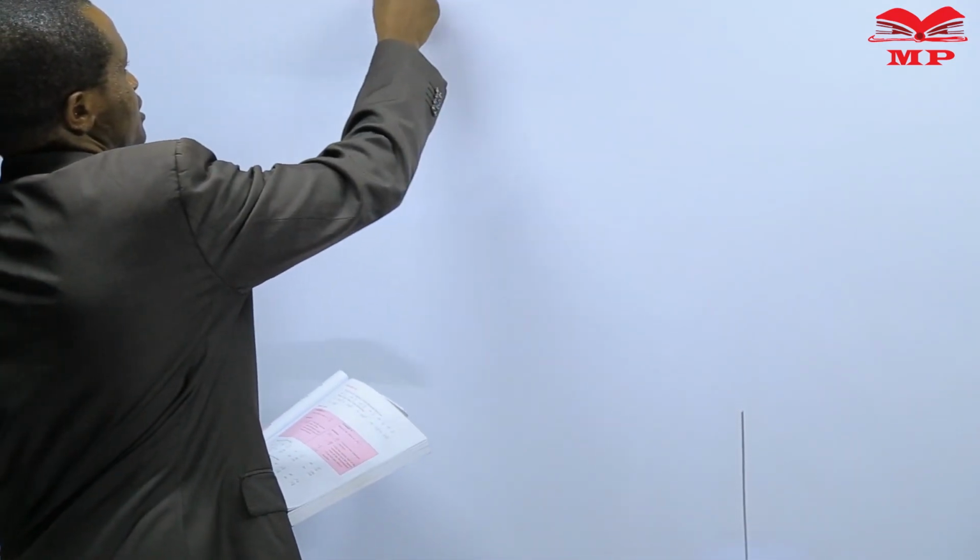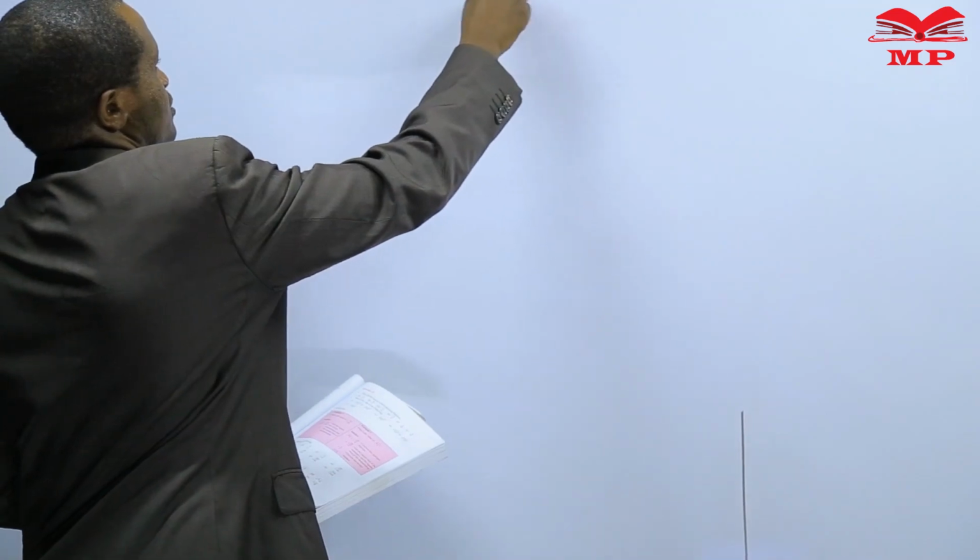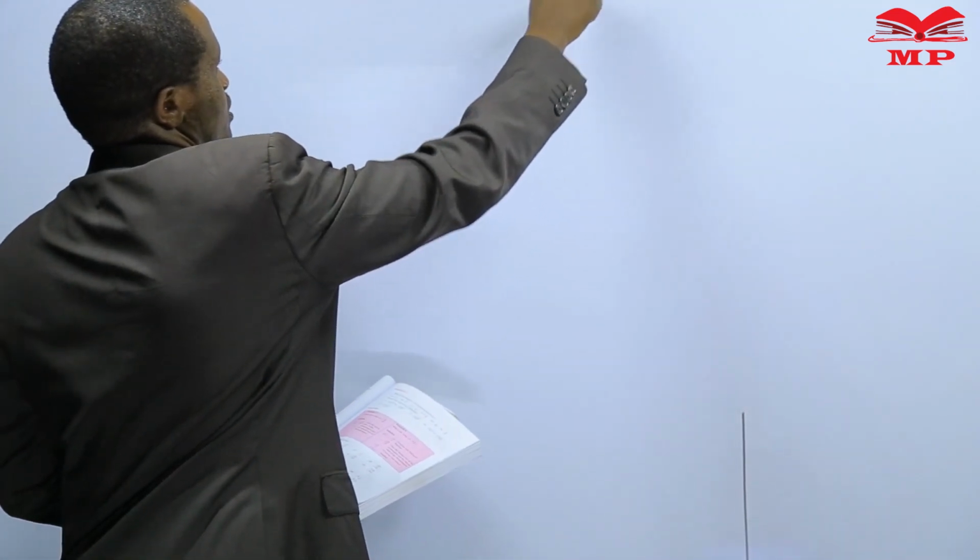Now we'll work out your assignment. This is exercise 21 from your book.